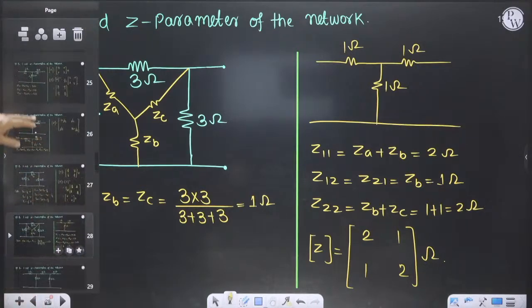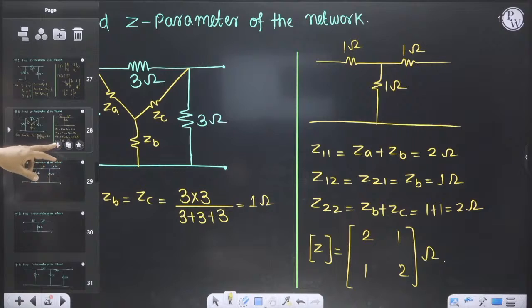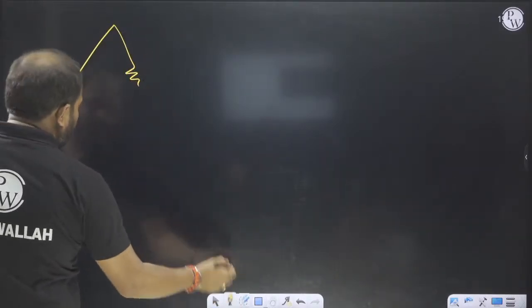Then we have, if you don't know the parameter matrix conversion, I will tell you, because it will be used more and more times.